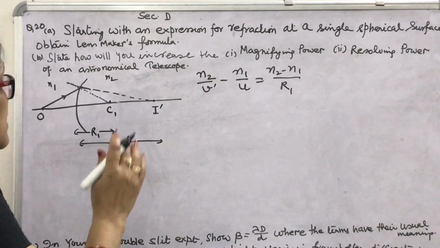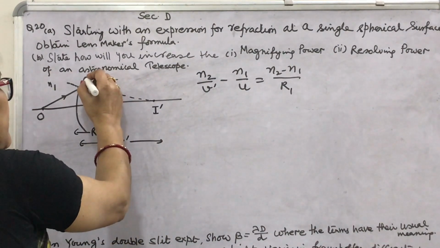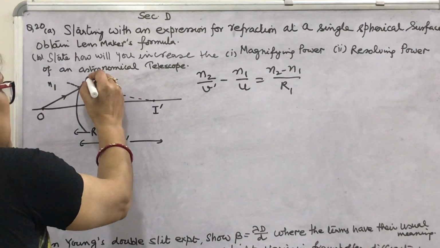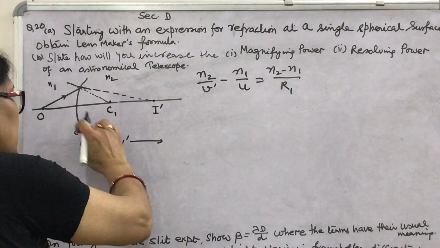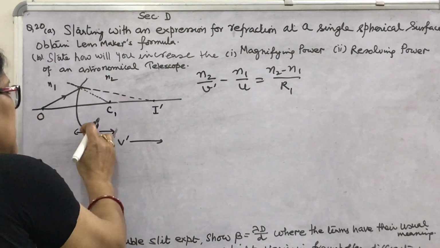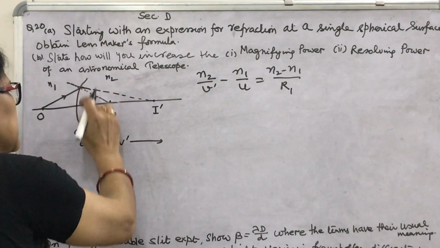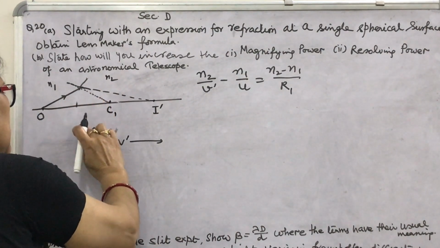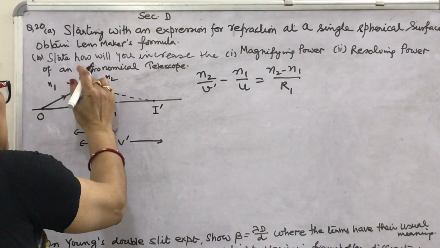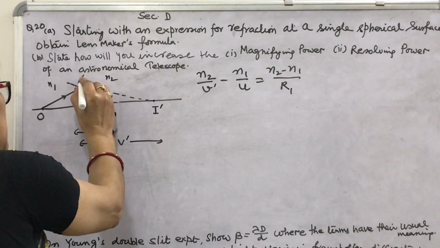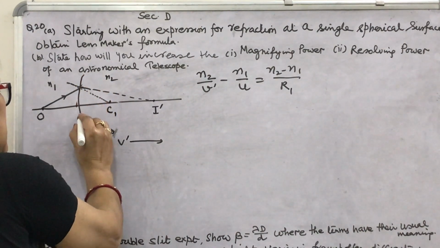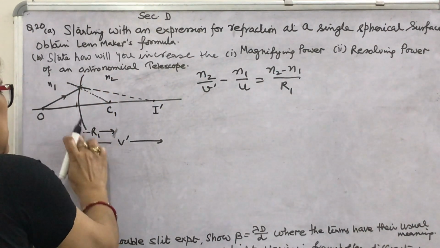Now, since the lens is made up of joining another surface, I have shown the curvature here. For a thin lens, you have to show very little curvature like this. Curvature should be very less.